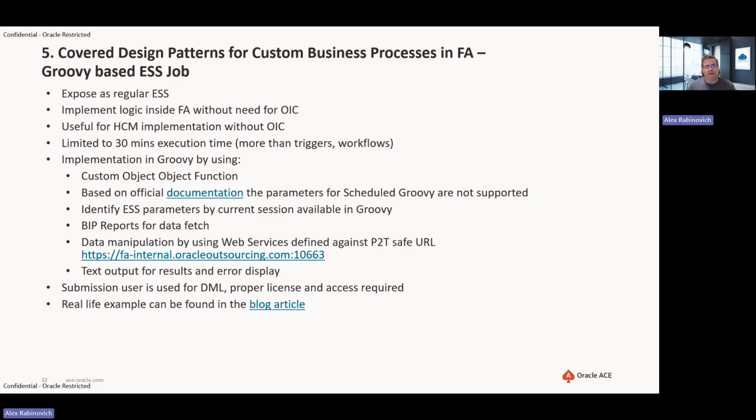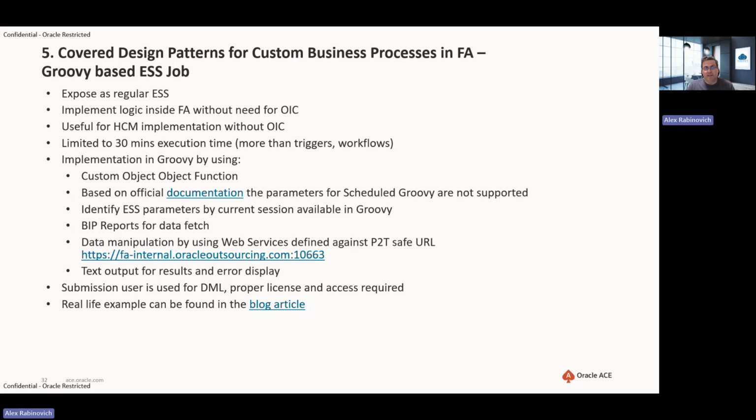The next technique, which I think is very useful, that we started using and would like to promote here, is the usage of a custom business process implemented fully in Groovy. This is first of all exposed as a standard ESS job. So you can implement your logic completely inside your application without the need for OIC.